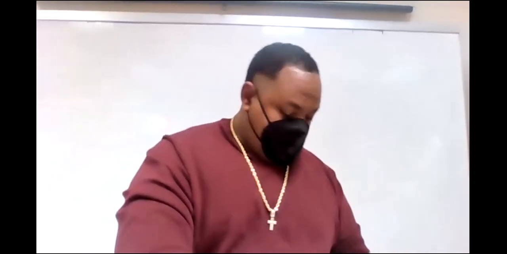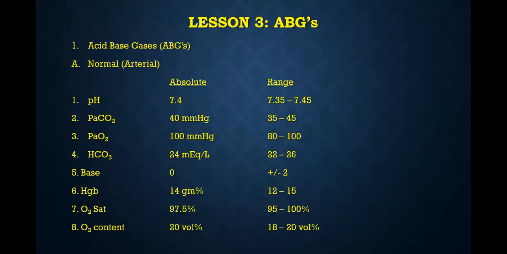I'm going to give you the values of your ABGs and start teaching you how to read an arterial blood gas. Here go the values for ABGs. I'm going to put it on the screen just for a hot second for those who may be watching it later. These are the normal values for arterial blood gases.